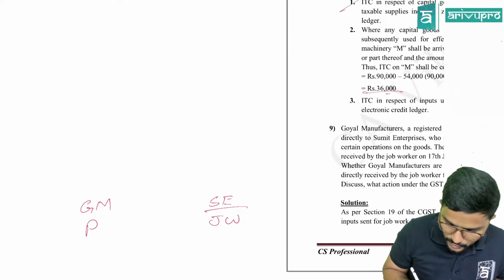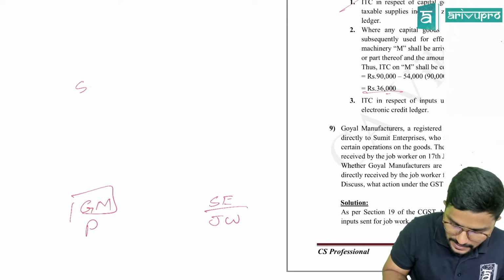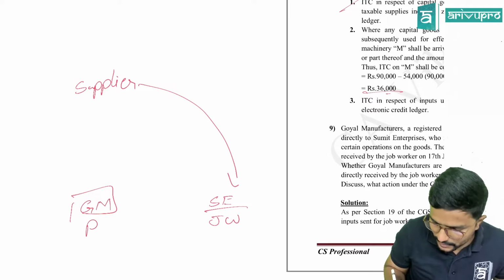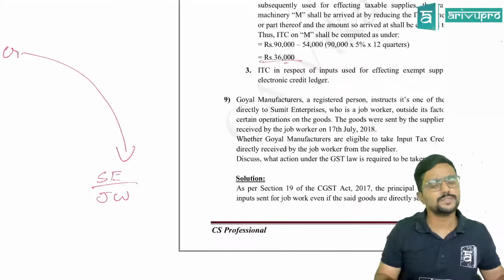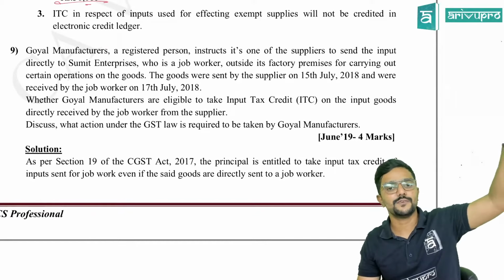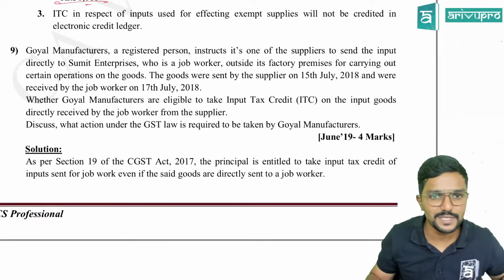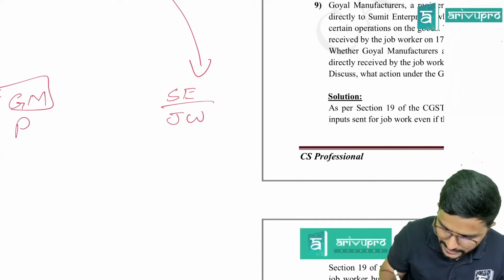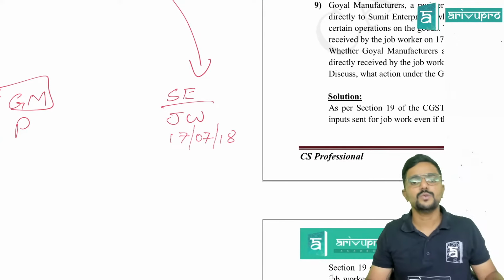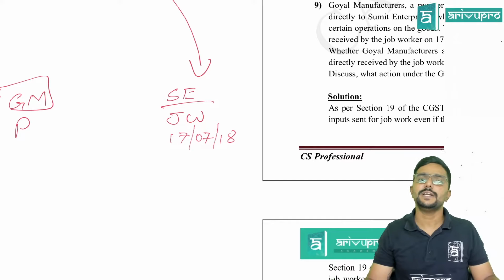So Goyal Manufacturers has asked their supplier to directly deliver the goods to the job worker. Can it happen so? Yes, sir. It can happen. The goods were sent by the supplier on 15th July and were received by the job worker on 17th July. So which date matters for us? 17th July. So goods are received by the job worker on 17th July.